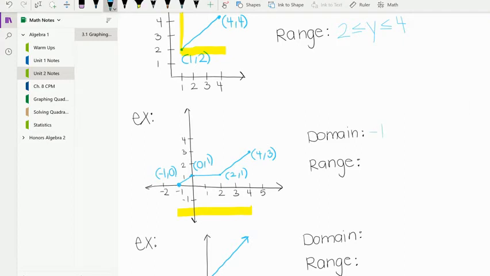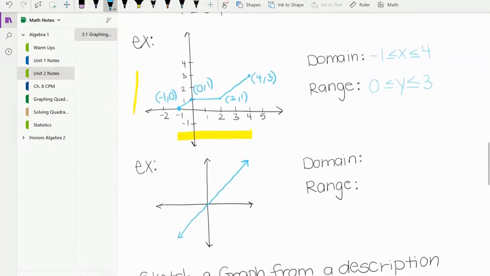So it goes from -1 to 4, x goes in the middle, and because they're both solid dots, I make them both equal to. Now the range, my lowest y value to the highest y value. My lowest y value is actually 0, and my highest y value is 3. Notice that for the range I put y, but for the domain I put x.